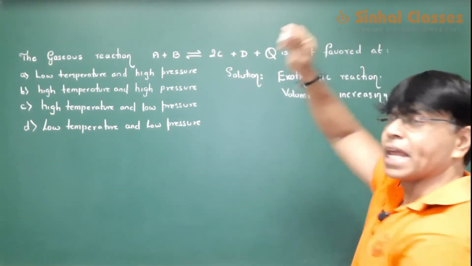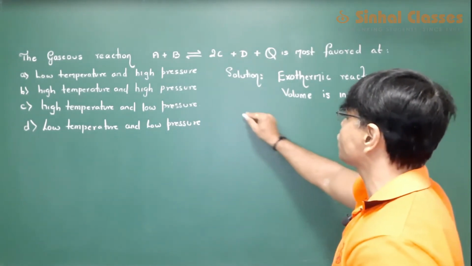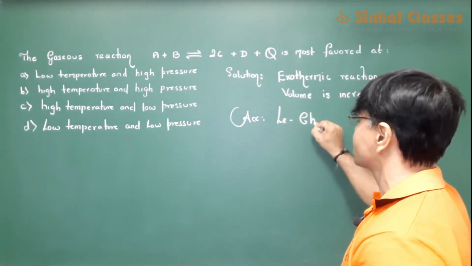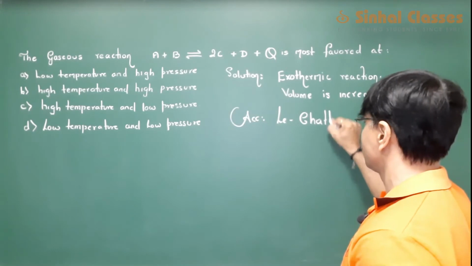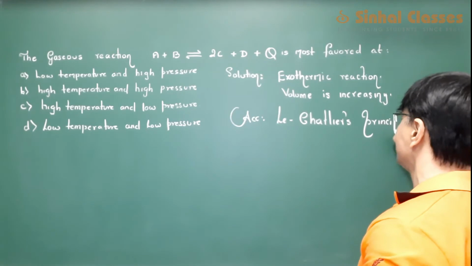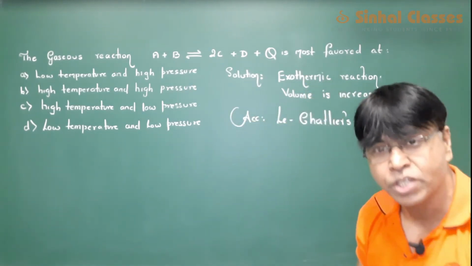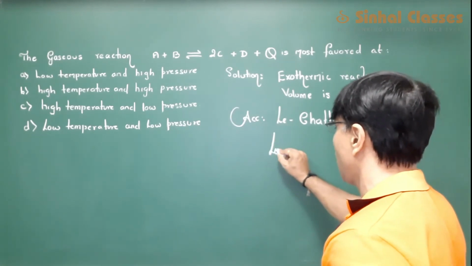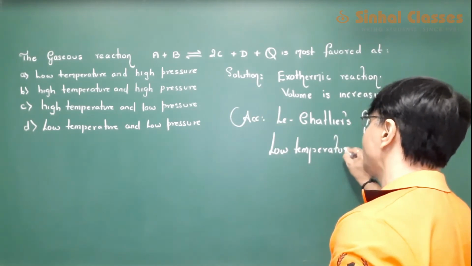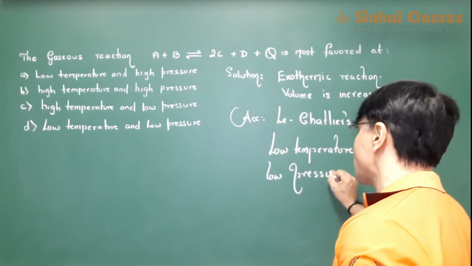So, it's an exothermic reaction and volume is also increasing. So, according to Le Chatelier's principle, if this reaction is exothermic and the volume is also increasing, low temperature and low pressure will favor the forward reaction.